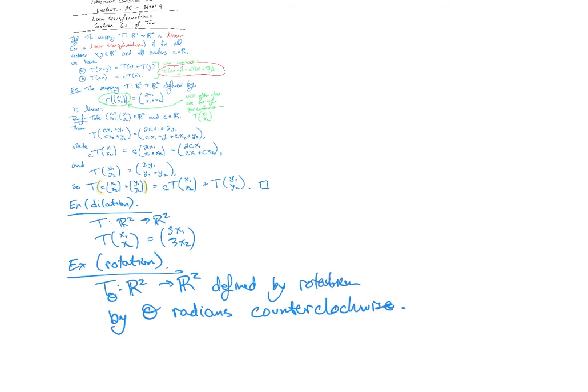Now, hopefully, in your linear algebra class, you saw this guy, and you saw how to represent it algebraically. But we don't need to represent it algebraically to check that it's a linear transformation. We just need to check that it satisfies the condition.